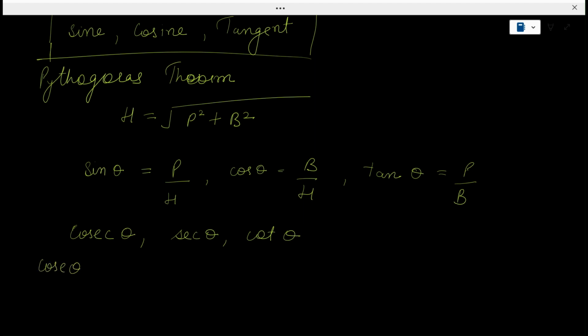Cosecant theta is equal to 1 upon sine theta, that is hypotenuse upon perpendicular.